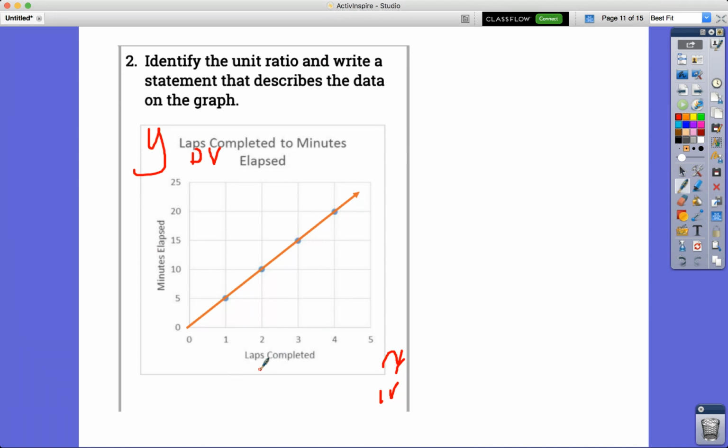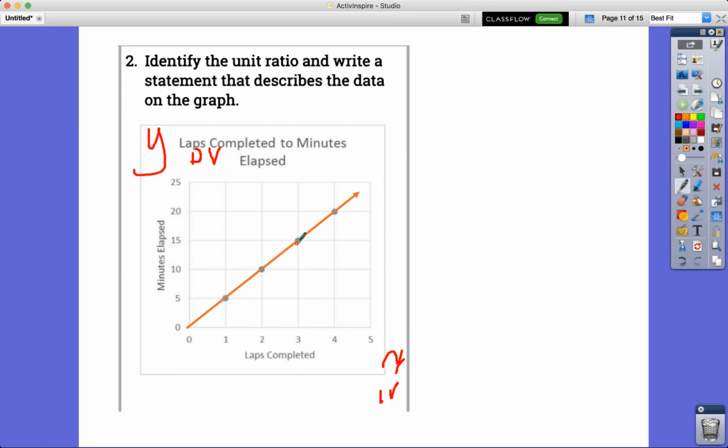Okay, so again, we're comparing laps completed to minutes elapsed. And when I have completed 1 lap, it took me 5 minutes. Well, that means my next increase should be up by 5. So when I go 2 laps, if I am increasing by 5, 10 should be my next interval. And sure enough, it is.